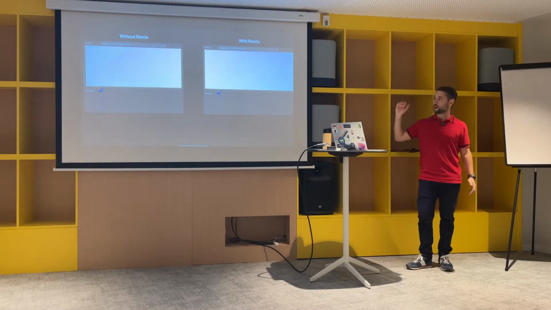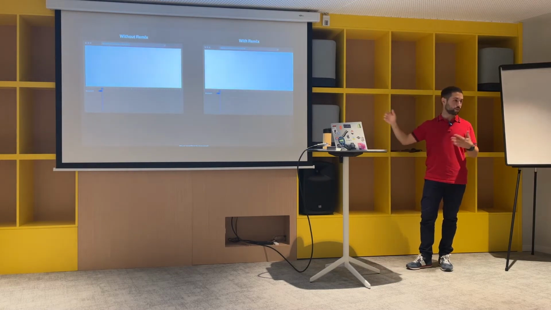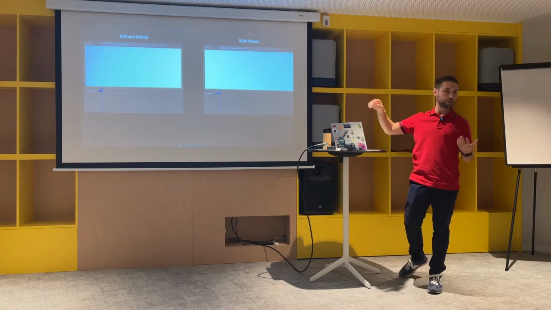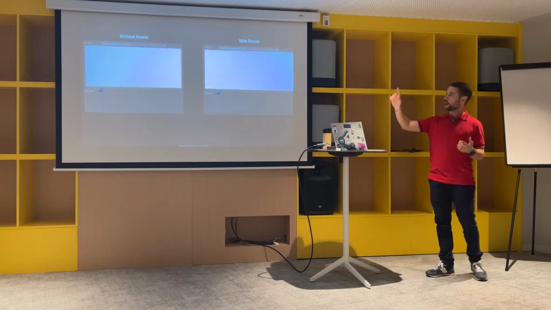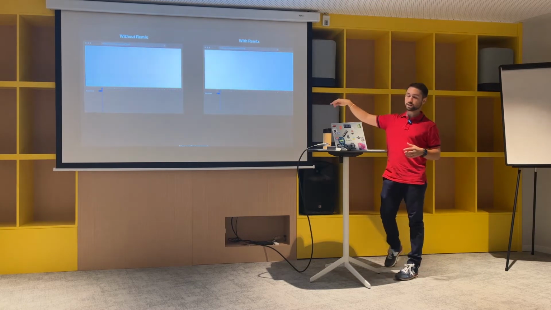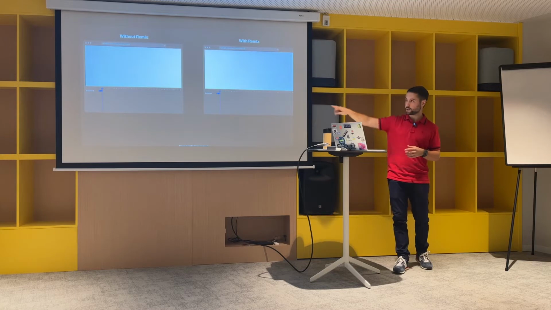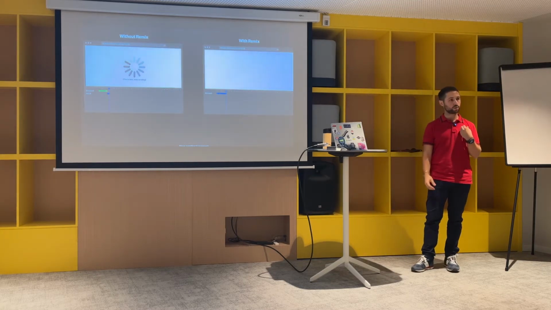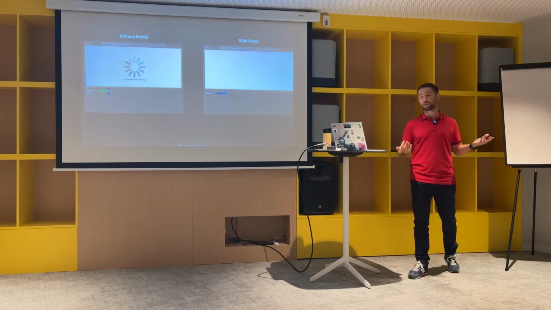And here we have a visual example, which I've taken from the official website of Remix. On the left, we have an application built without Remix, and on the right, one built with Remix. Both start with the document request. We can see the network at the bottom. Without Remix, the document returns very fast because it's a static file.